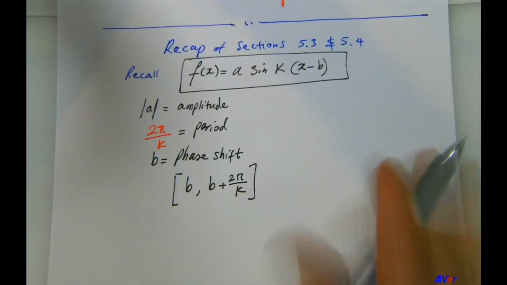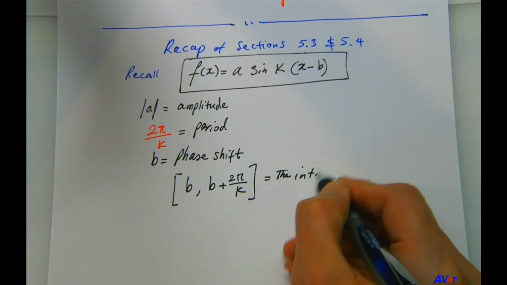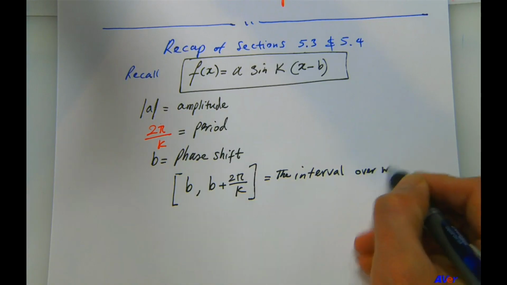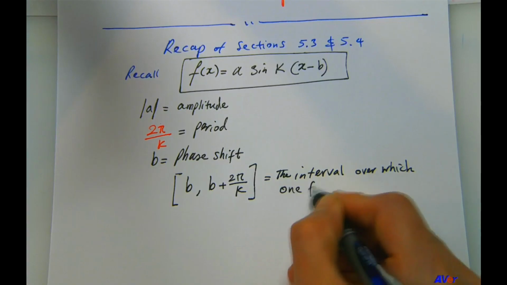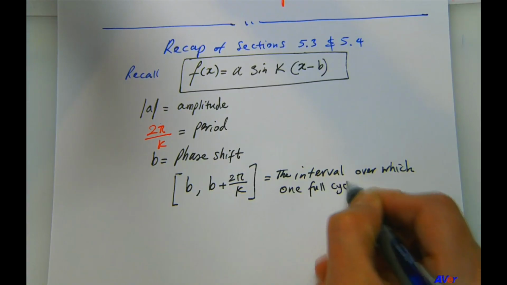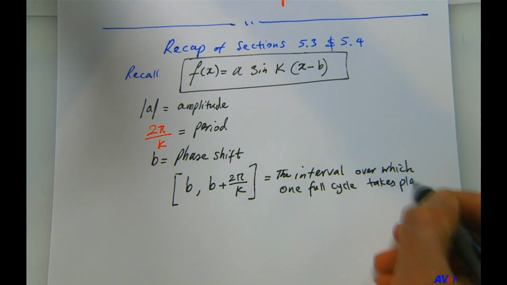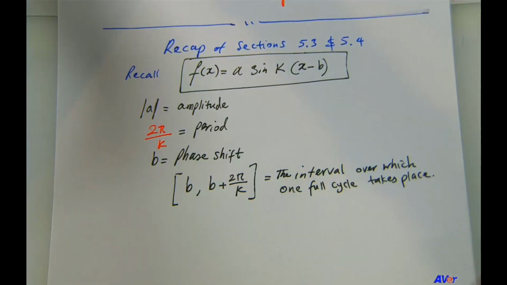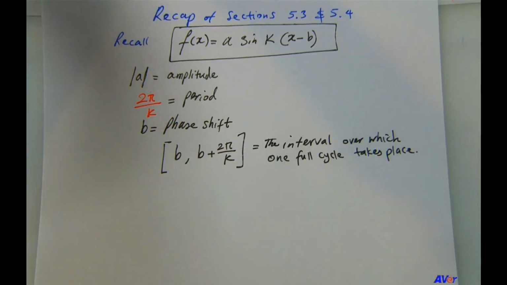This is the interval over which one full cycle takes place. Okay, so that was about the transformation of a sine function.